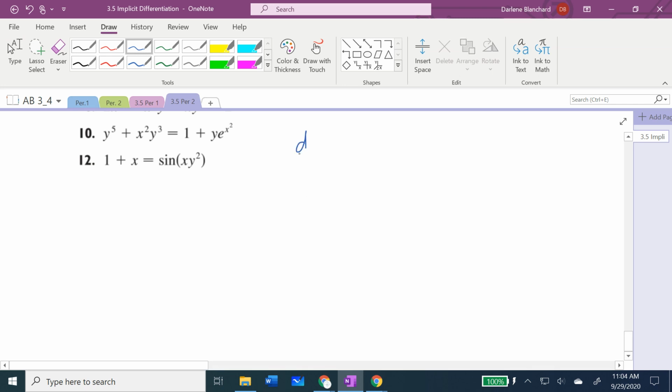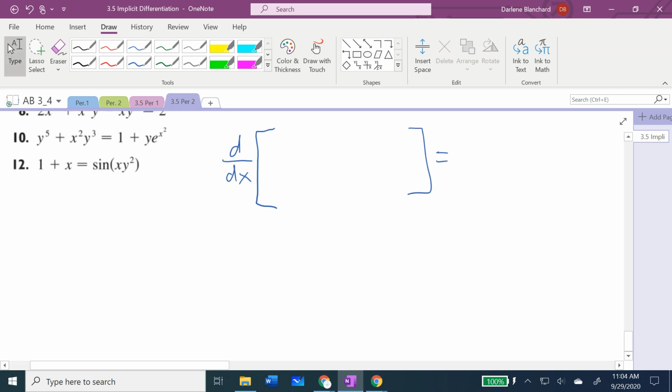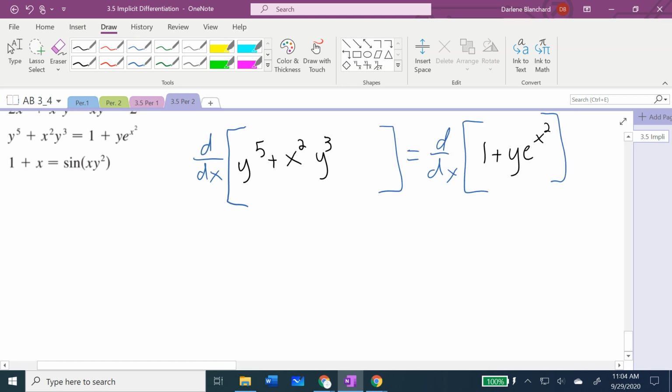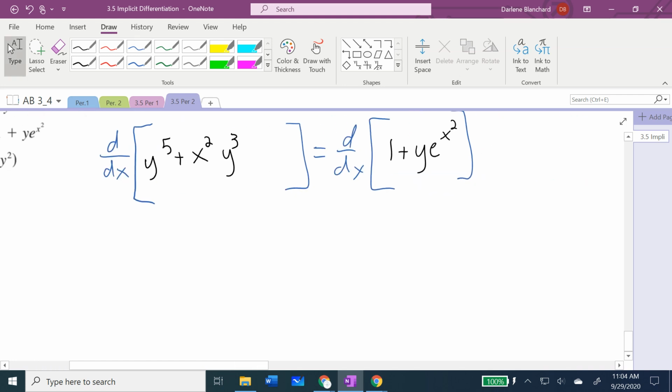I need to d/dx both sides in order to find dy dx, because again, the instructions are find dy dx. I've got a very big giant left side. I've got a nice big giant right side as well. And it's derivative time. Yay!